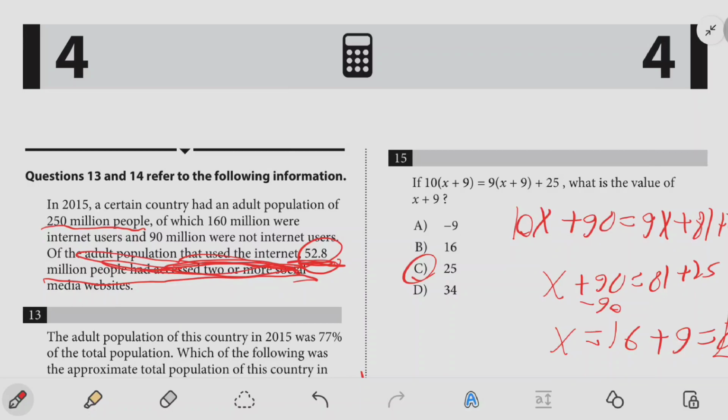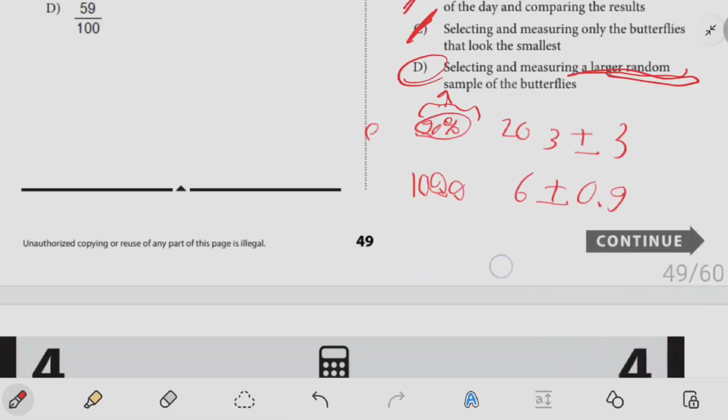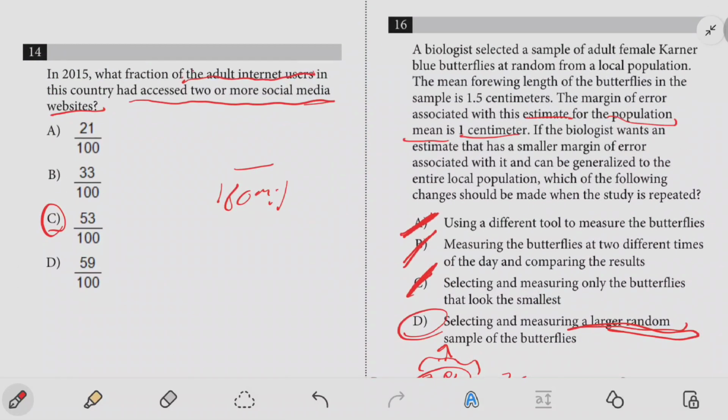Not percent, it says million people. God dang it. It's supposed to be 52.8 out of 160. I don't know why I thought it was percentage. Yeah, that gives you 33%. Man, I threw the easiest question on here. Moving on.